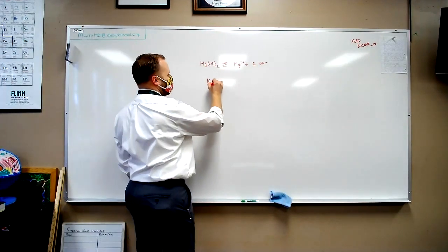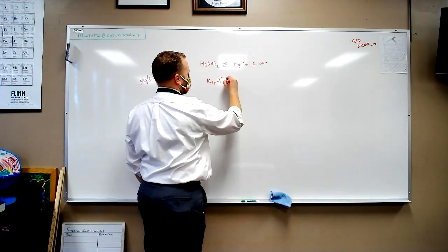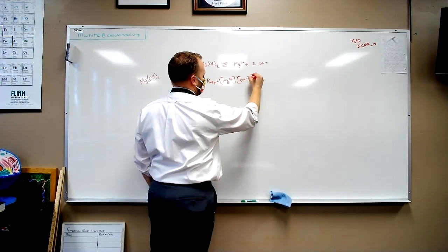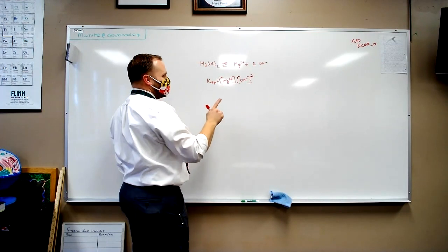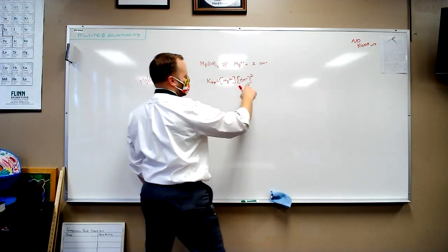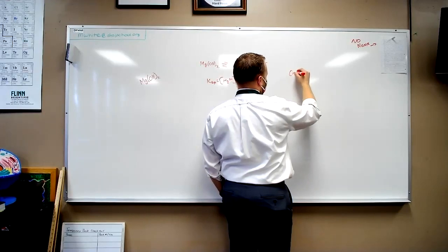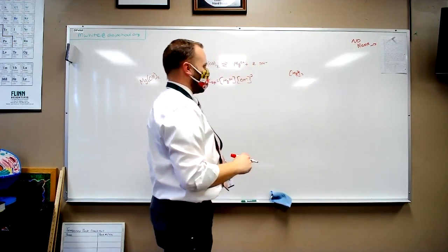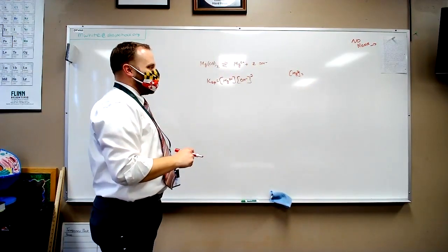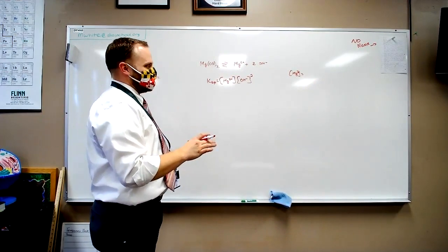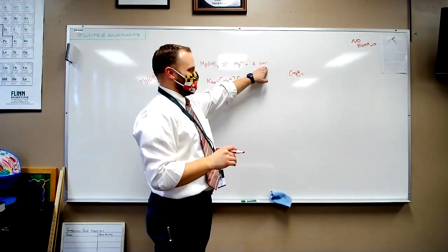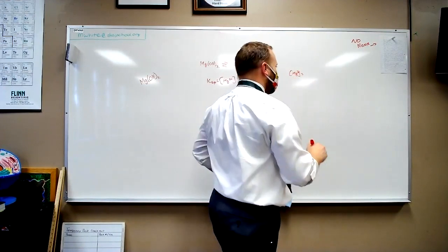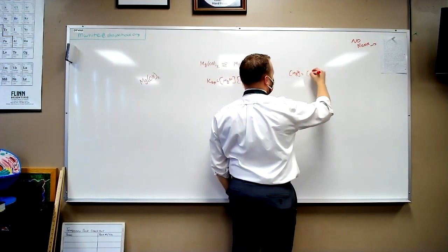So when we're at our Ksp, we have that, which means the concentration of magnesium is not exactly the same as this, because we get two of those. So this turns out to be half the concentration of OH.